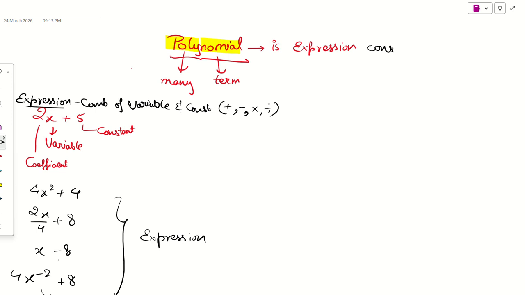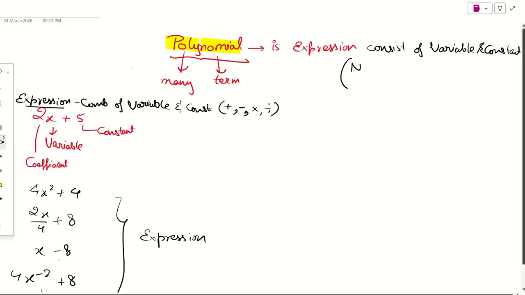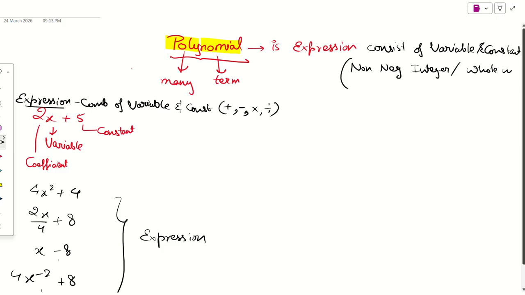that expression consists of variables and constants and non-negative integers and whole numbers as the exponent of the variable.